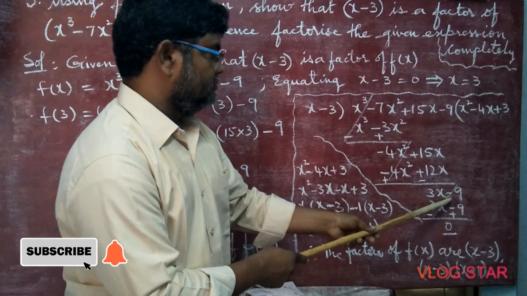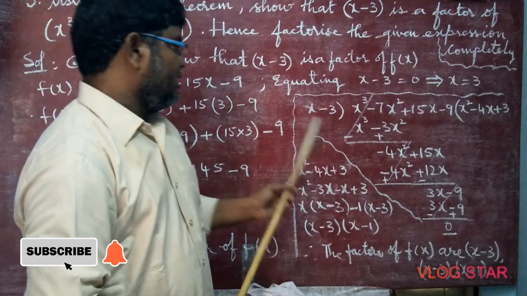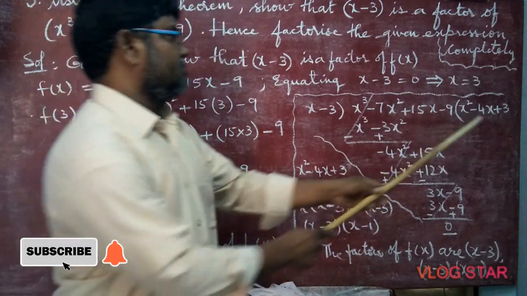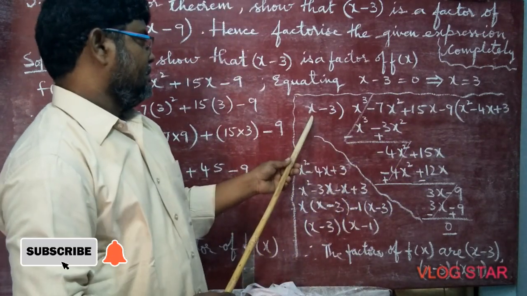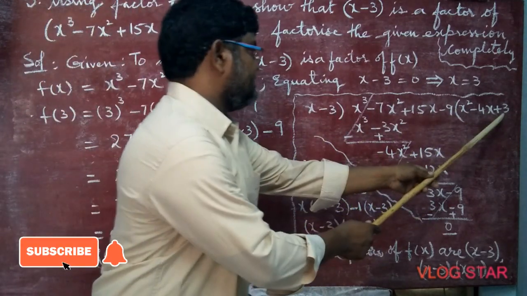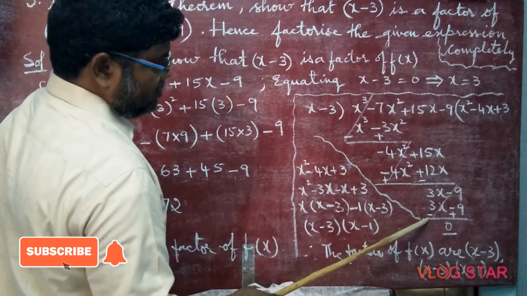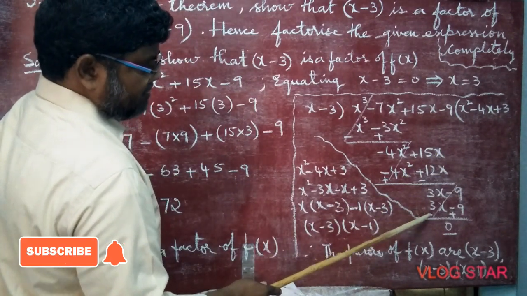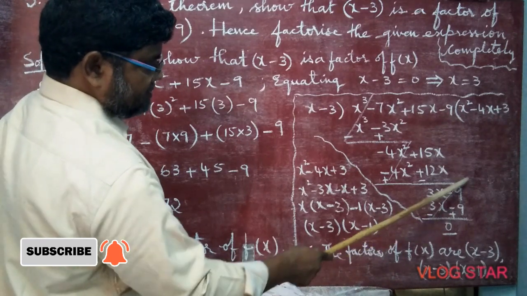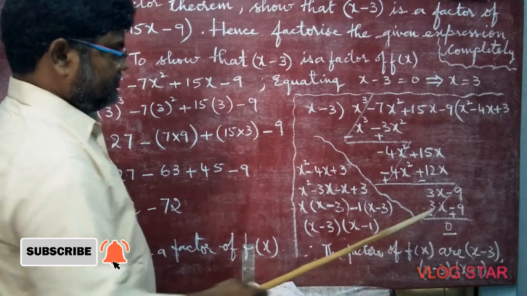Bring that 9 down. Now here plus is there, here also plus. 1 goes in 3 times. So multiply this 3 with this: 3 into x, 3x. Plus into minus, minus. 3 3s are 9. Now quite opposite signs: plus will become minus, minus will become plus. Get cancelled and we got 0.